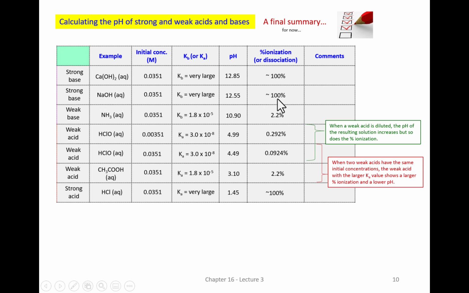And again, it ionizes or dissociates about 100%. Again, just to point out, calcium hydroxide produces 2 hydroxides per formula unit, so when initial concentrations are equal, which they are here, calcium hydroxide would produce a more basic solution than does sodium hydroxide. Again, the comparison is only completely fair if you have the same initial concentration.